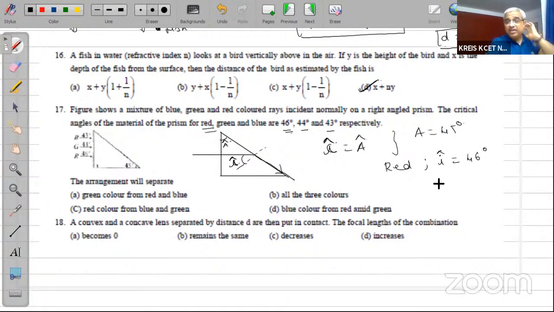And this I is greater than the critical angle. If it becomes greater than the critical angle, I is given to be 45 degree, which is greater than the critical angle. And therefore, what do you think will happen to the red color?